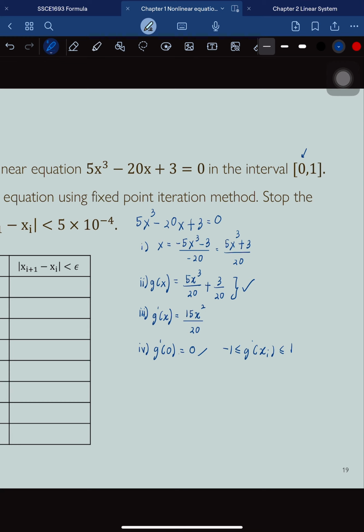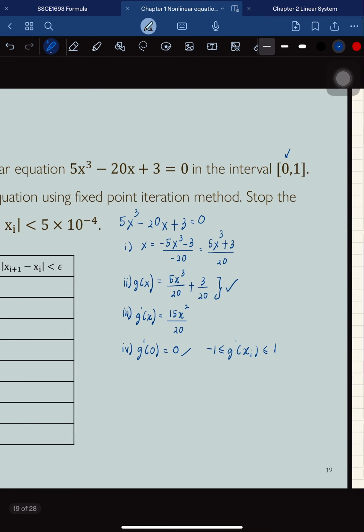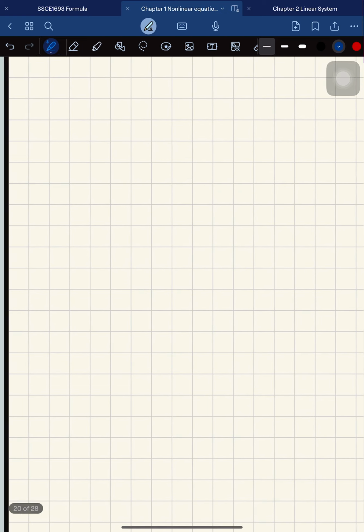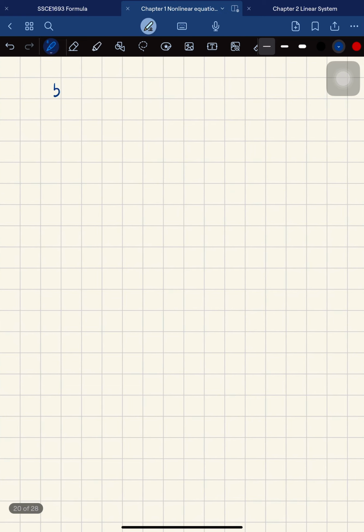Alright, let's try another way of making x the subject. Just now we had 5x cubed minus 20x plus 3 equal to 0, and we put this x as the subject. What if now we want this other x to be the subject?